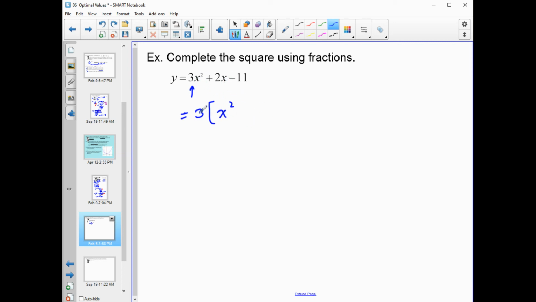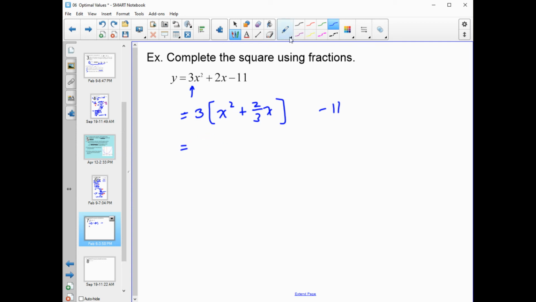So 3x squared divided by 3 is x squared. 2x divided by 3 is 2/3 x. And then that minus 11 is unchanged and is not in the bracket. I don't factor it. It's just there on its own.